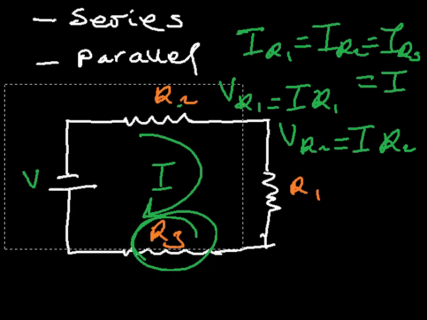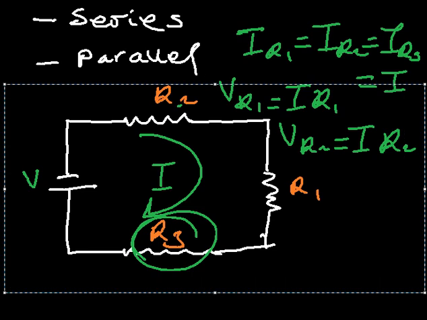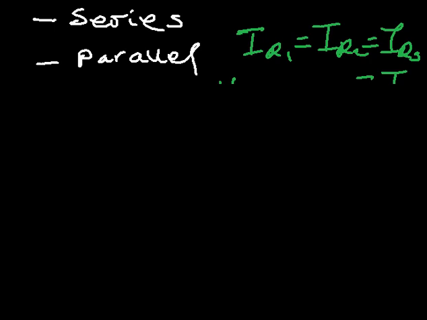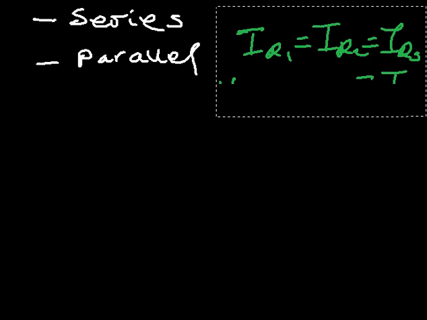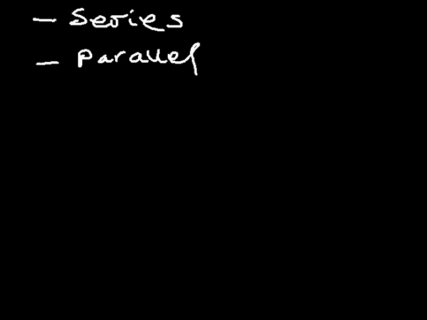So those are the principles behind the series circuit. At each and every point, the flow of the current is the same. The current from the battery is the same at each and every component. Only voltage is being shared.